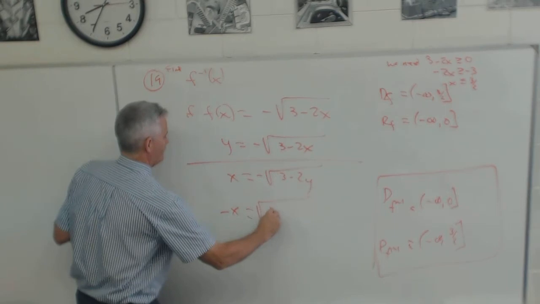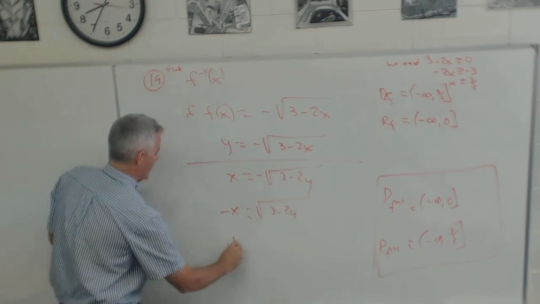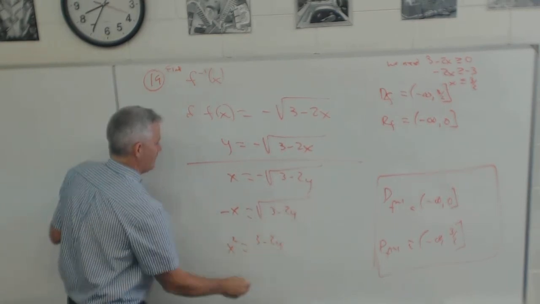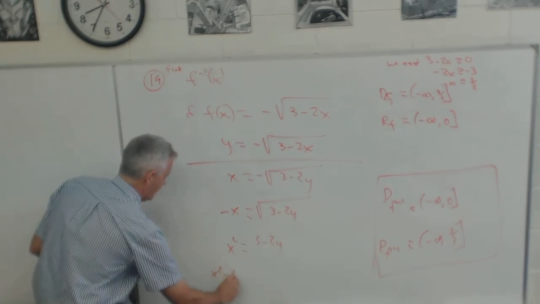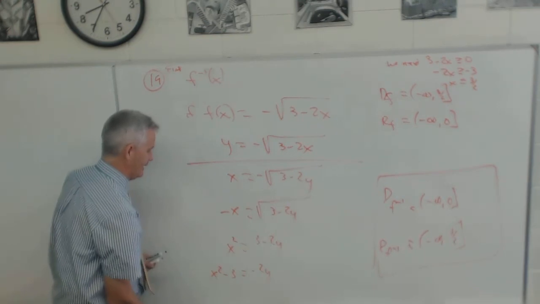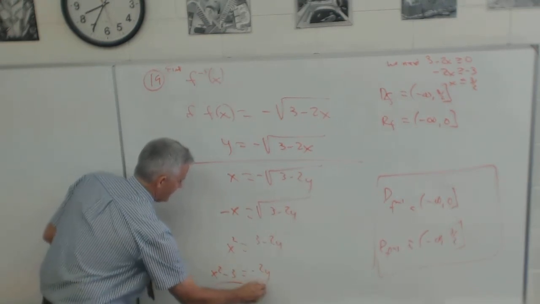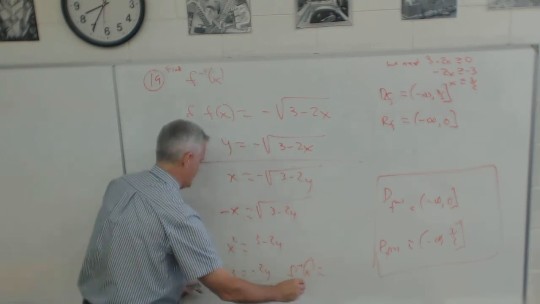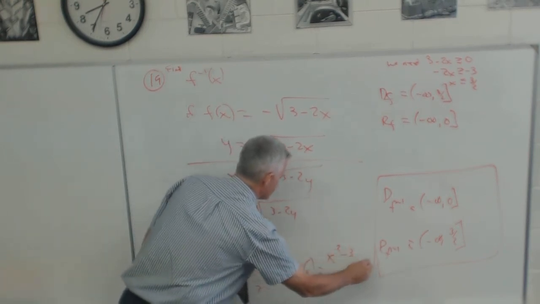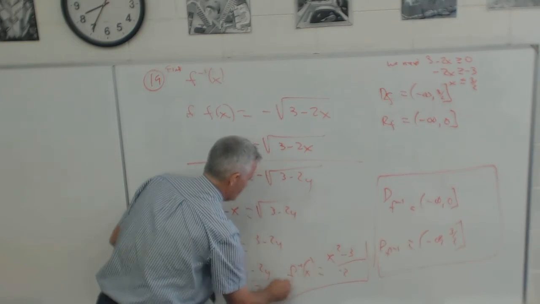Multiply by negative 1, and then square both sides. Then what? Subtract the 3. So x squared minus 3 is negative 2y. Divide by negative 2. And so we have the inverse is x squared minus 3 divided by negative 2.